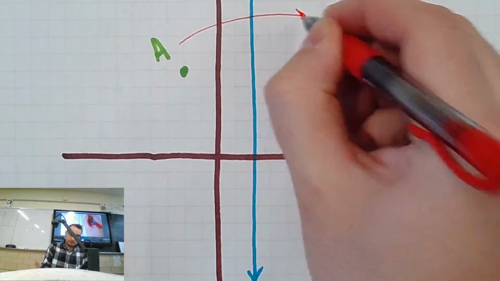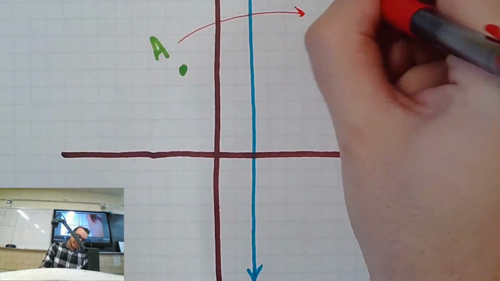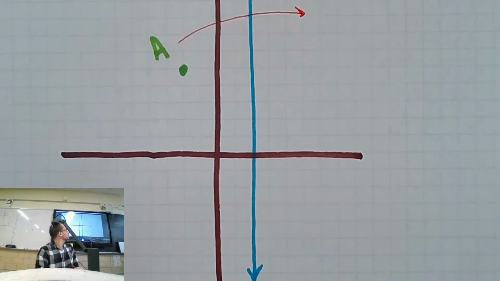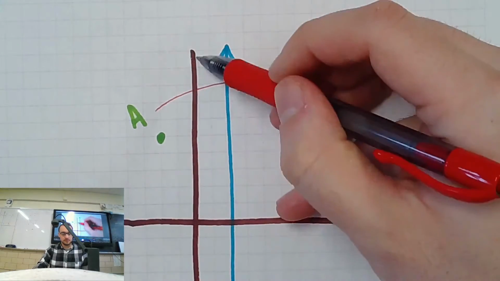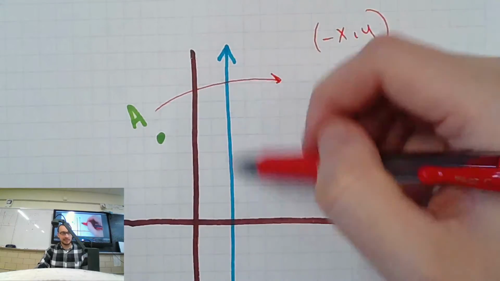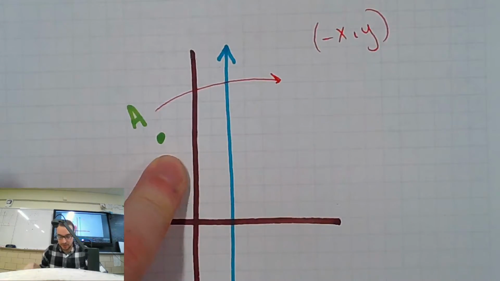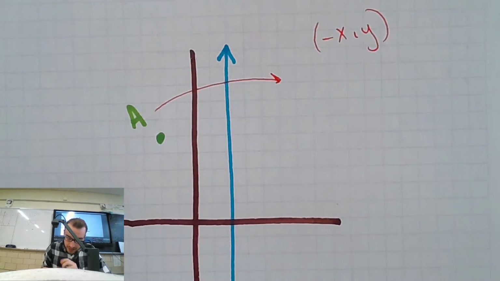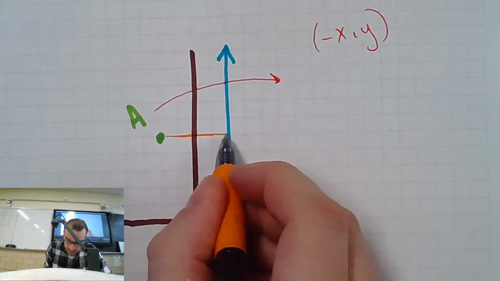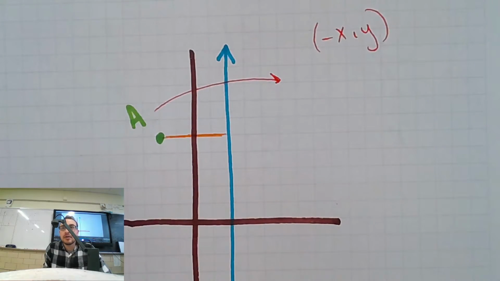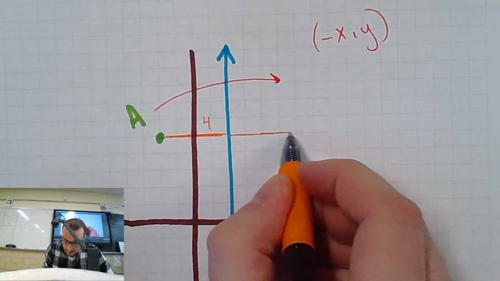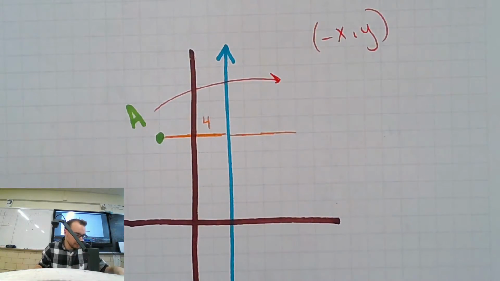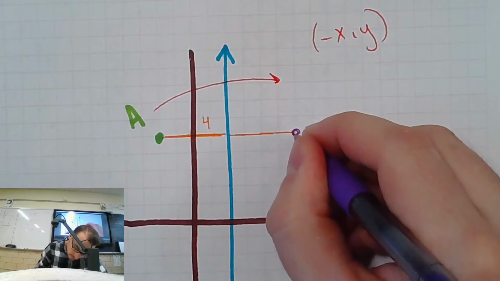It's going this way. Horizontal flip means I negate the x, keep the y. However, that assumes this is our line of reflection, and it ain't. So let's figure out where A prime is going to be. How far is A from our line of reflection? How far is it from the mirror? It's 4 away, right? So if we mirror it, it's going to be 4 away on the other side, right? So here's A prime. Right there.